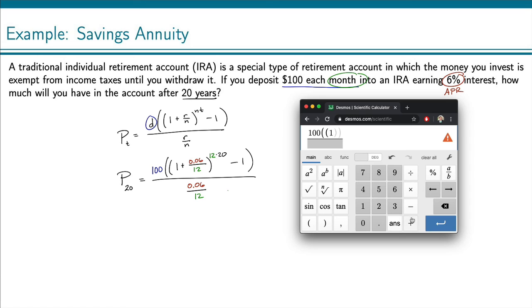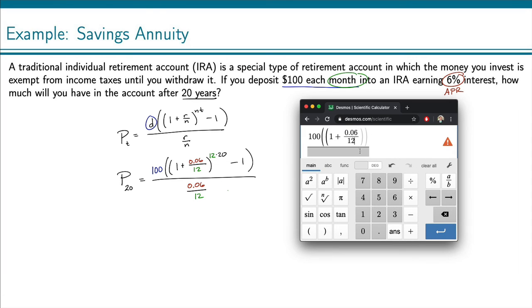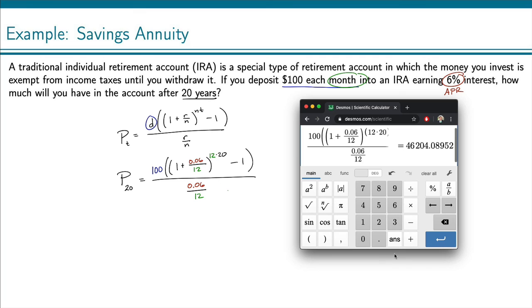Some calculators will have a nice display where it'll show you the fraction as you're creating it, and everything is as you expect in formatting, and that's really nice. Then we've got minus the 1, and then we divide by 0.06 over 12. All right, so that's a nice big fraction there.